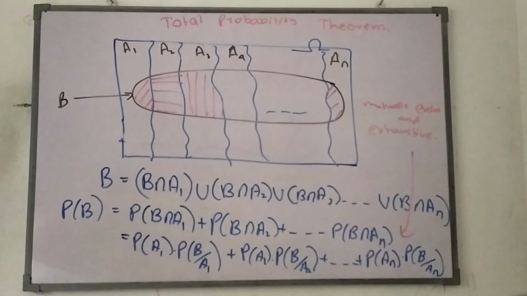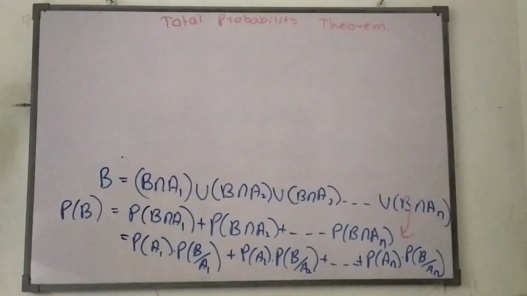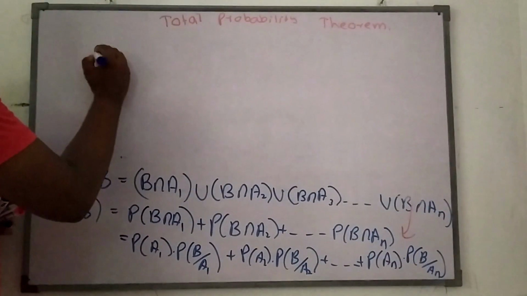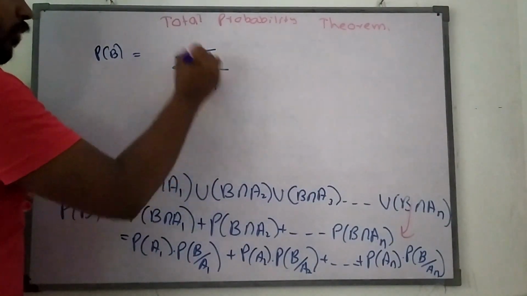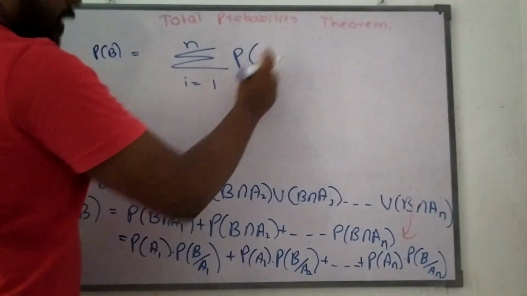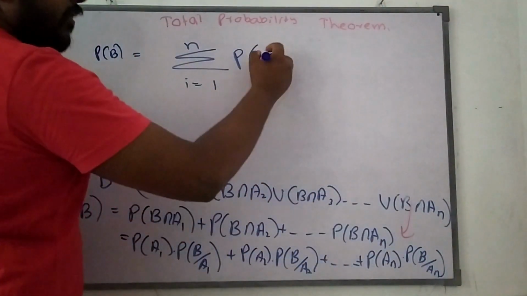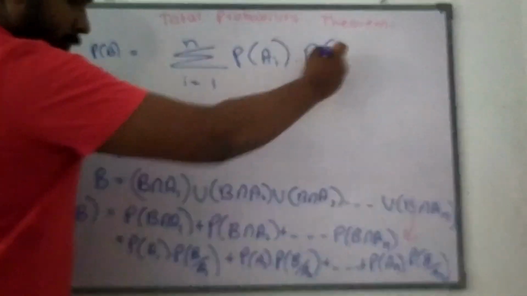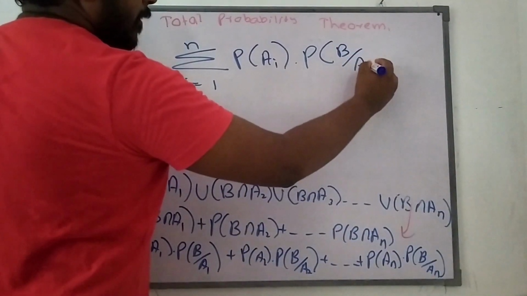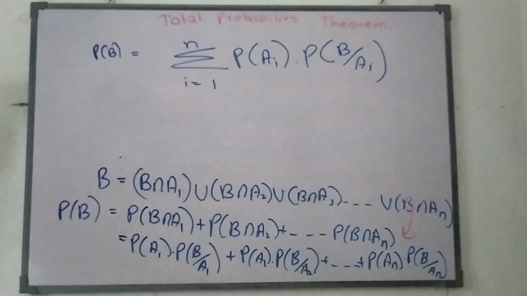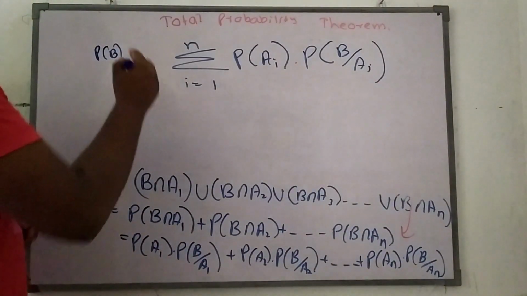Therefore you can write your answer like P(B) equals sigma i goes from 1 to n of P(Ai) times P(B over Ai). This is the total probability of the event B, the complete probability of the event B happening.